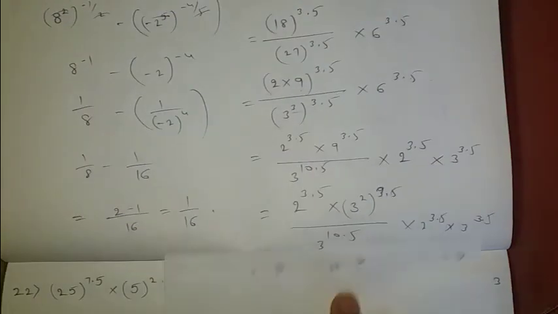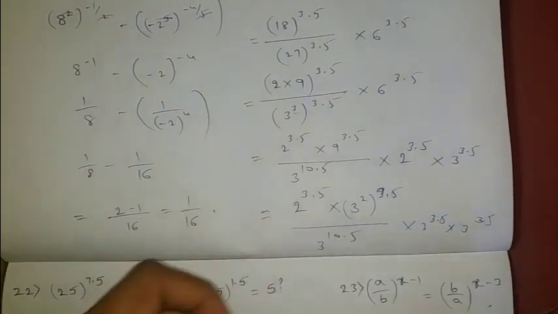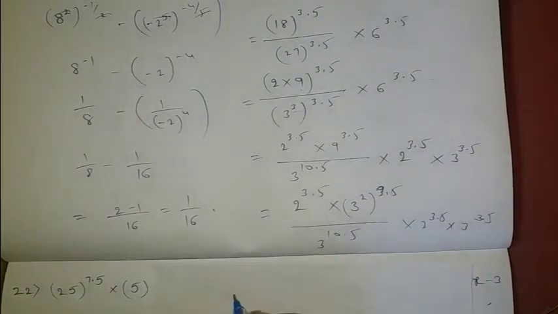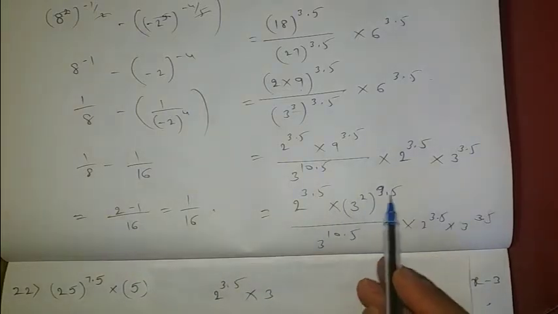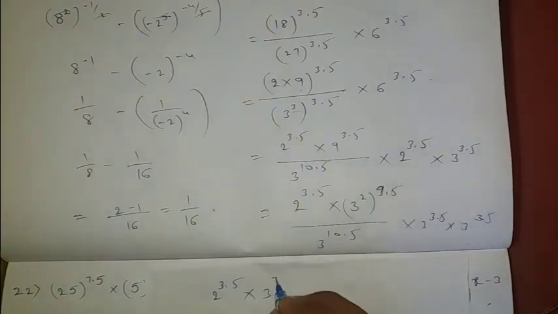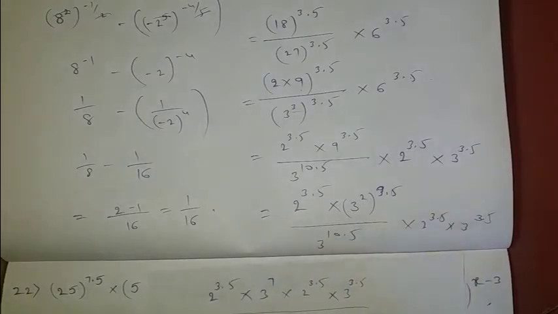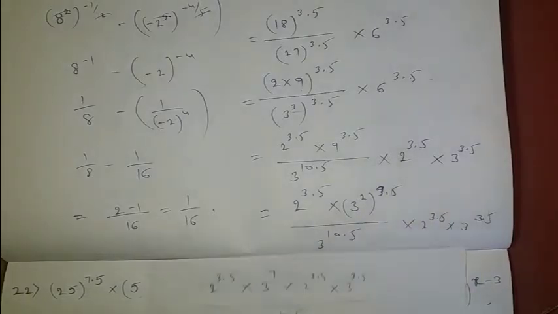If we solve that, 2 power 3.5 into 3 power 2 into 3.5, which is 7, into 2 power 3.5 into 3 power 3.5, whole divided by 3 power 10.5.